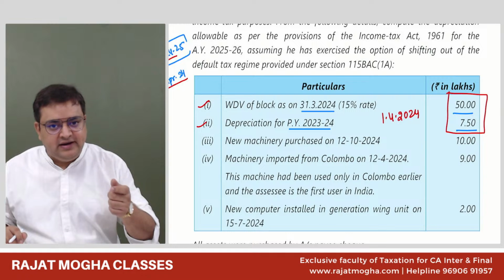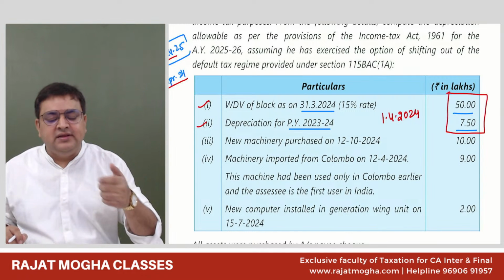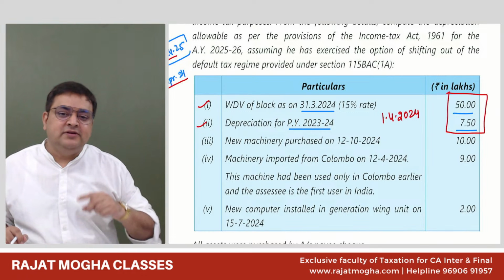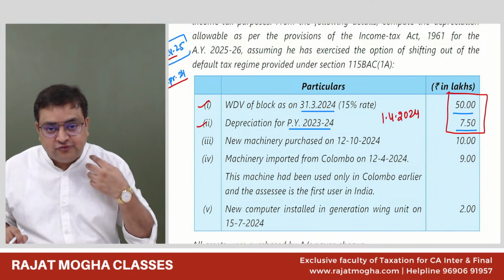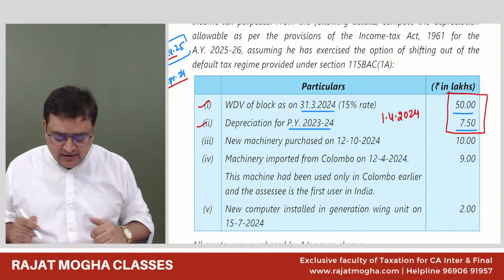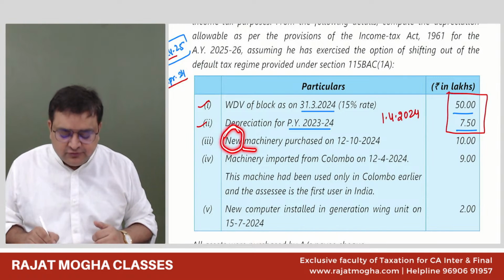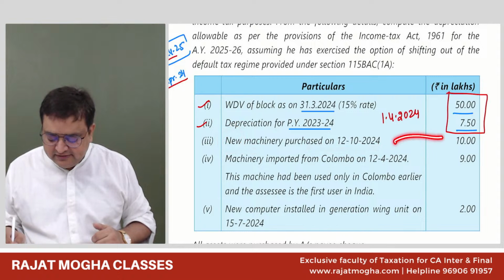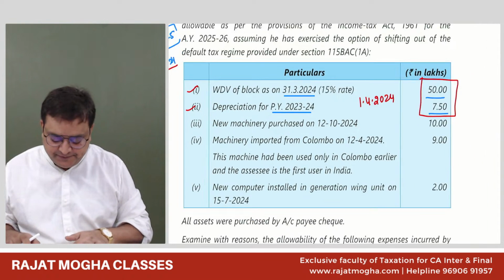So if the question is silent, you can state an assumption that it is assumed to be installed in factory. And why are we so strong in assuming this? Because they have used the word new. If new machinery is purchased on this date, we'll assume that this is installed in factory.